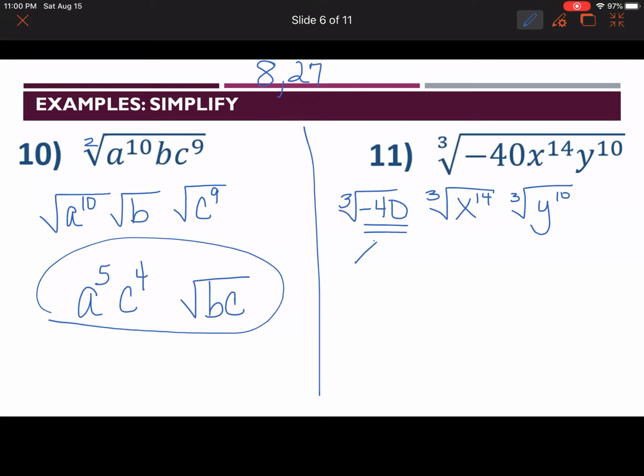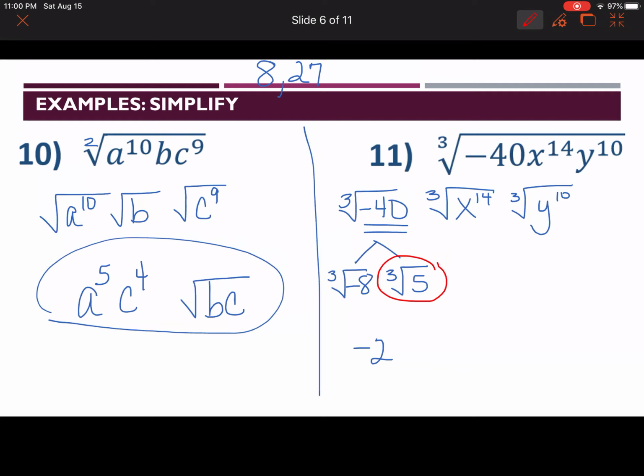So I'm going to split this down to the cube root of negative 8 and the cube root of 5. So the cube root of negative 8 is negative 2. And I'm just going to circle this because it has to stay. So I'm going to come back to that.